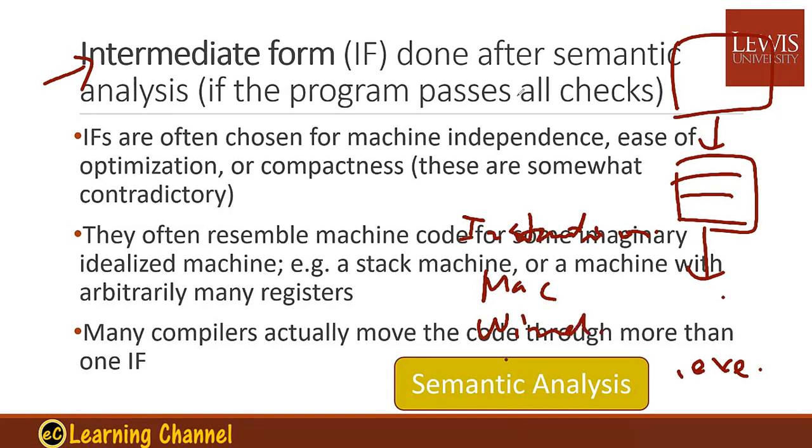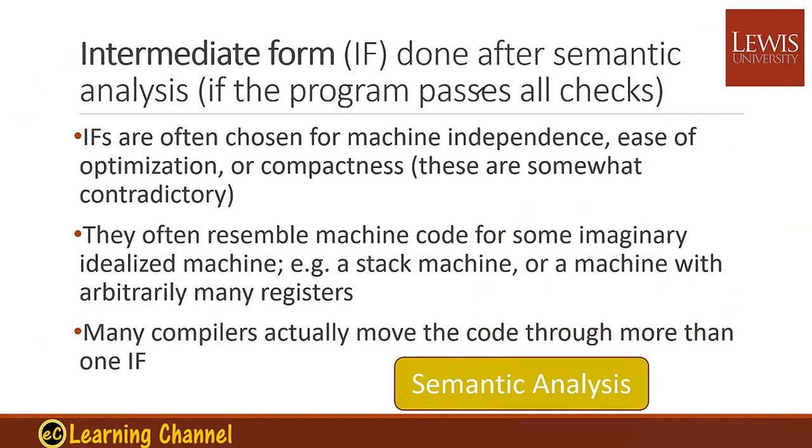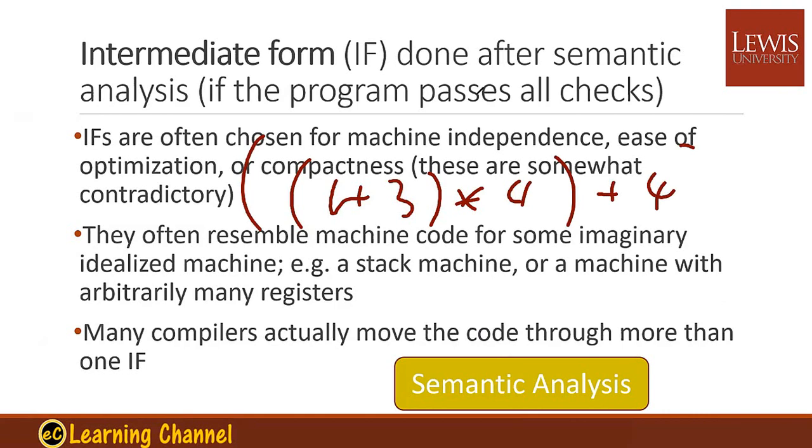So let's do this. Let's do machine independent optimization first. So we want to make sure that, if not given any hardware information, how can we do optimization to make the code smaller? Is that okay? To make the code smaller. So maybe something like this. Maybe you have a very complicated tree, 1 + 3 in parentheses times 4, and then parentheses plus 4, and then plus 3.